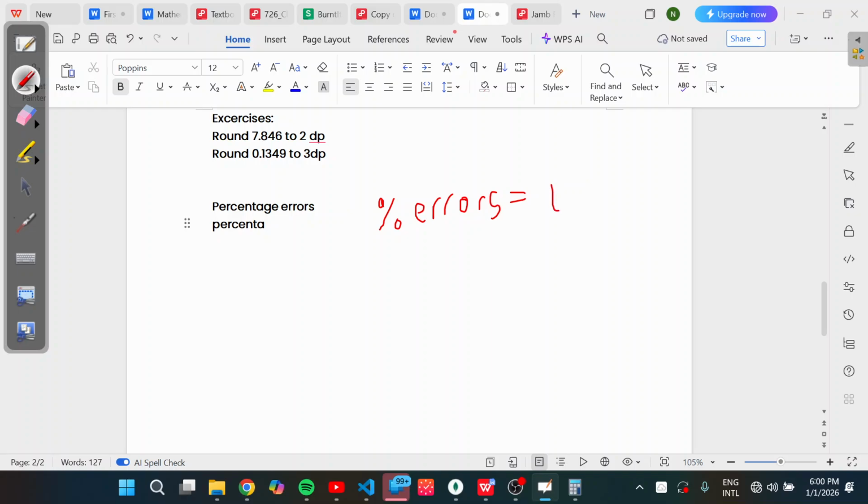You have the error over the actual value, just forgive my handwriting, multiplied by 100%.